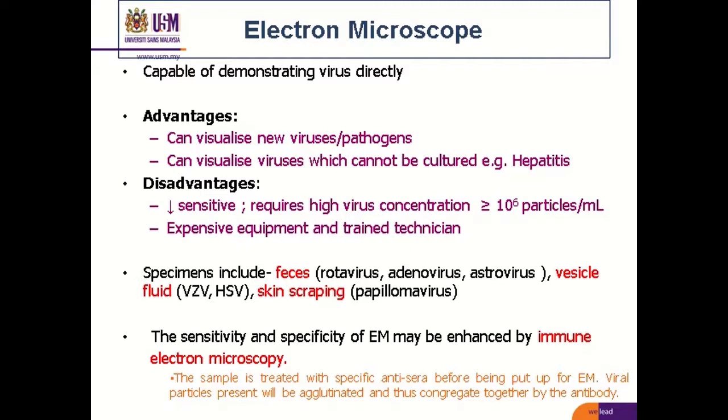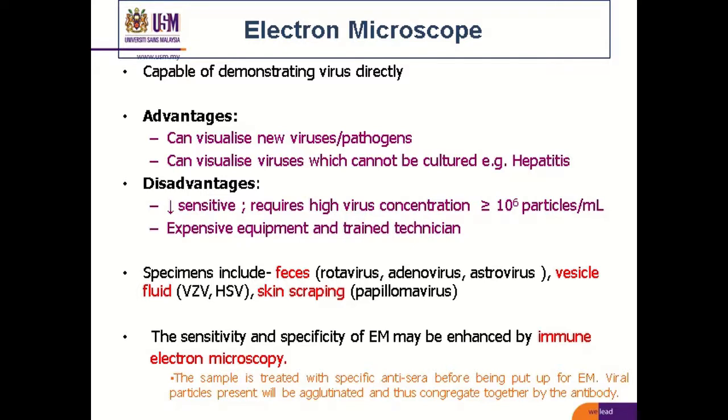Specimens include feces for rotavirus, adenovirus, astrovirus, vesicle fluids, and skin scrapings. The sensitivity and specificity of electron microscopy may be enhanced by immune electron microscopy, where the sample is treated with specific antisera before being put for electron microscopy.